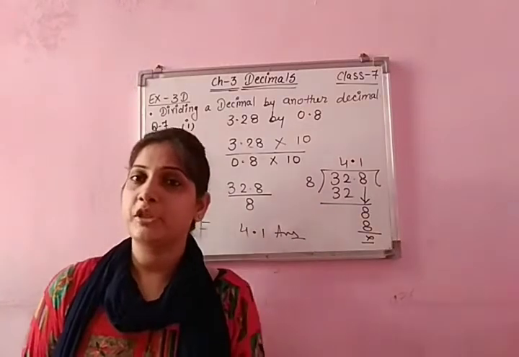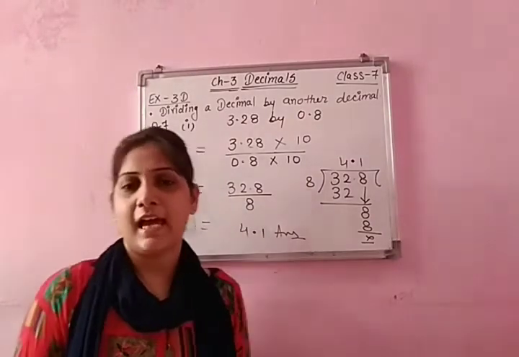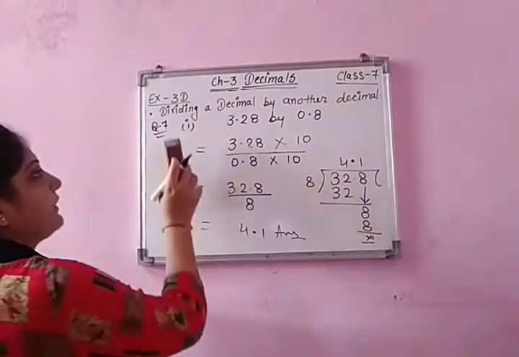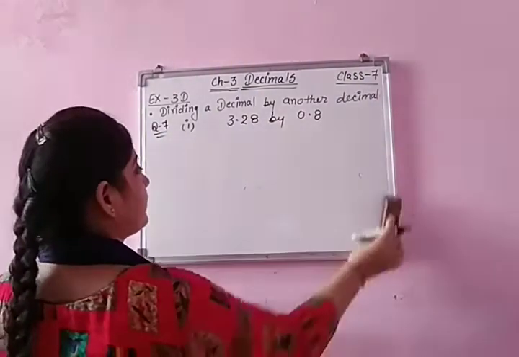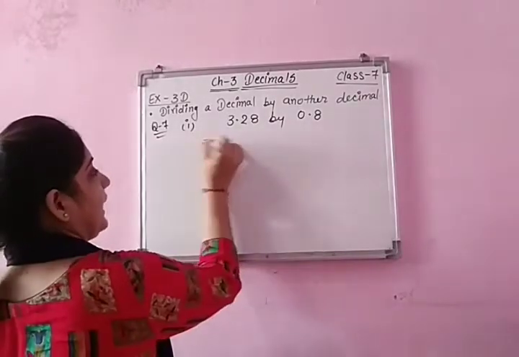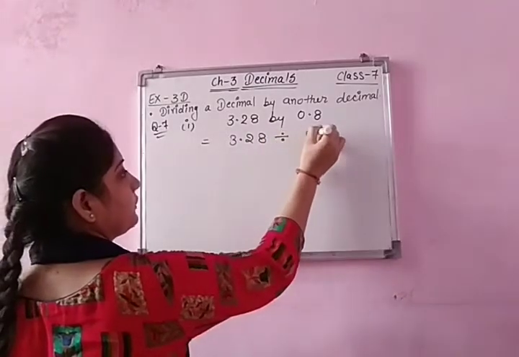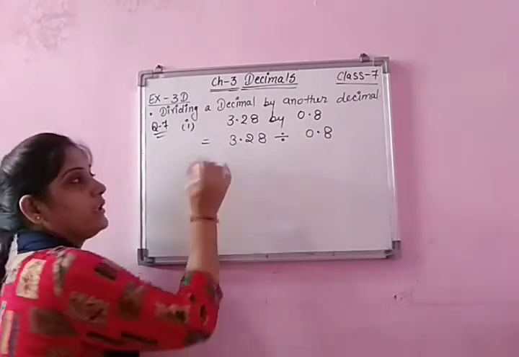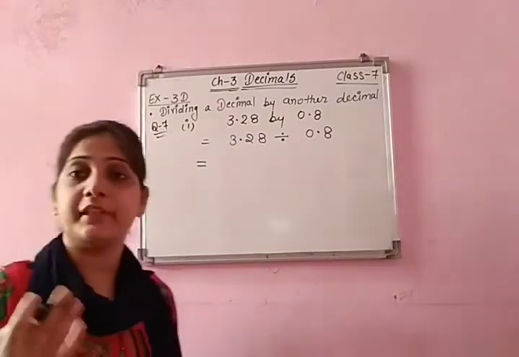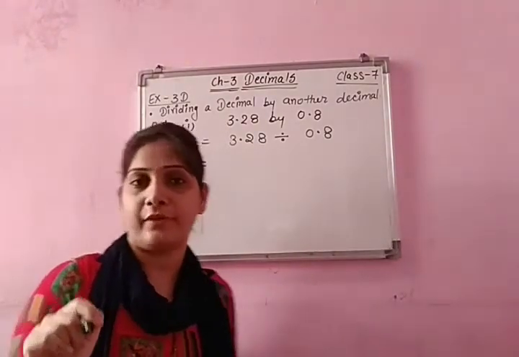But let me share the second method, then you decide which one is easy, and you can use any method. By the same question I am telling you, children, so that it is more clear to you. Actually, we are dividing 3.28 by 0.8. If the numbers are given in decimal both, the first step is to convert them into fractions.